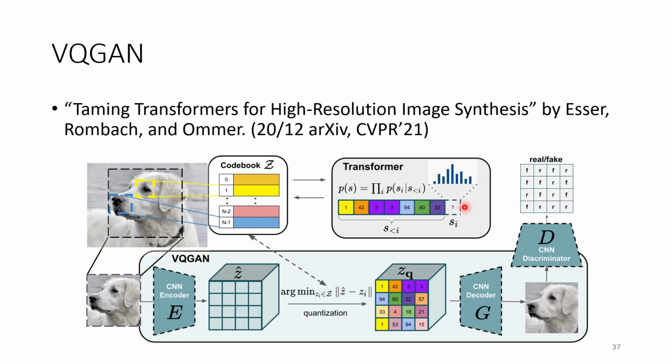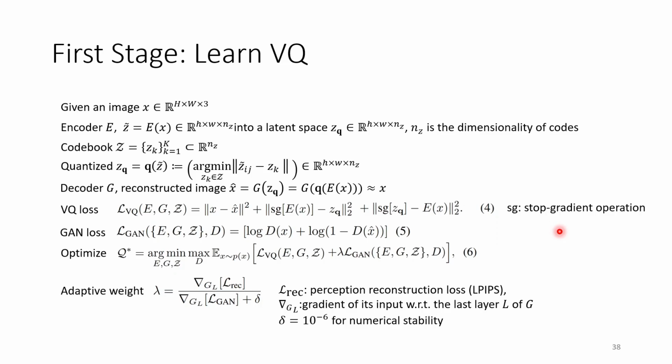So they can train the transformer on an existing dataset, say ImageNet, so that given some latent codes, they can predict the next one, and then they can generate an image through the decoder. So this is a two-stage training process.